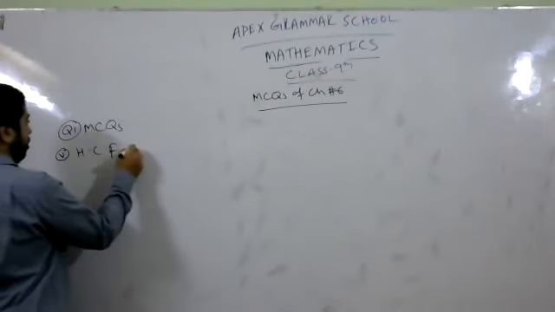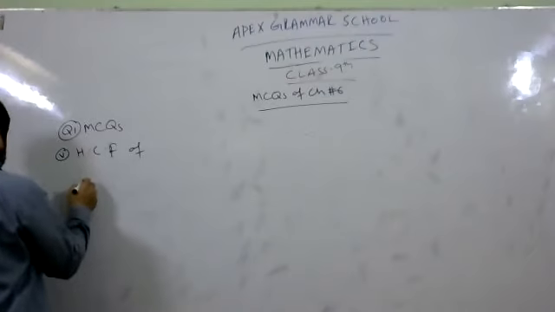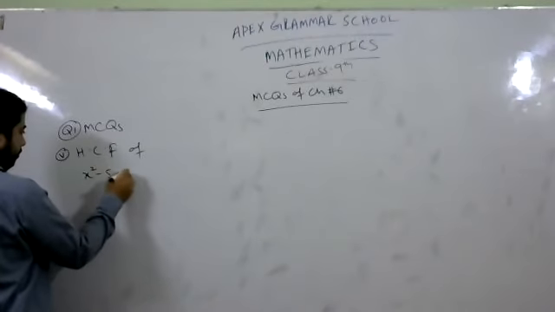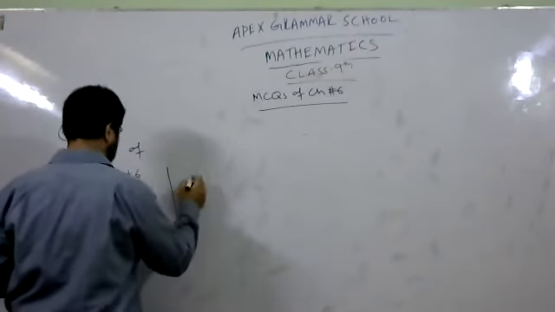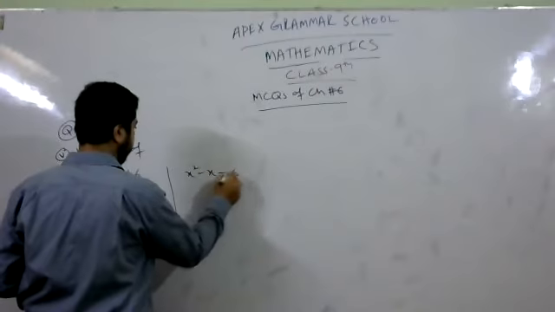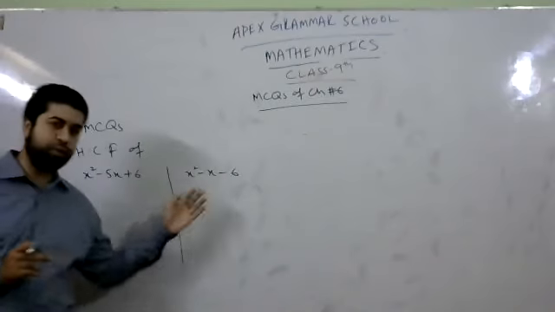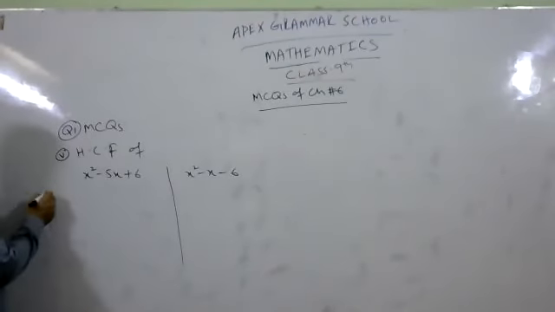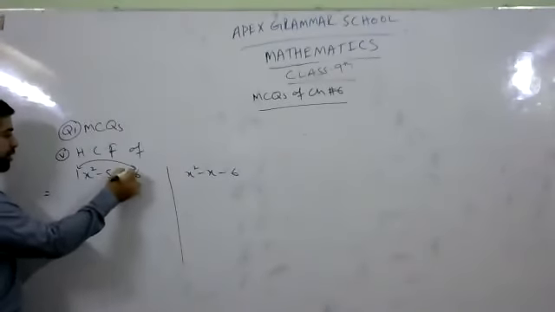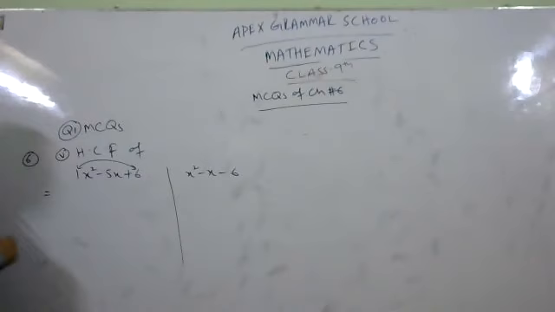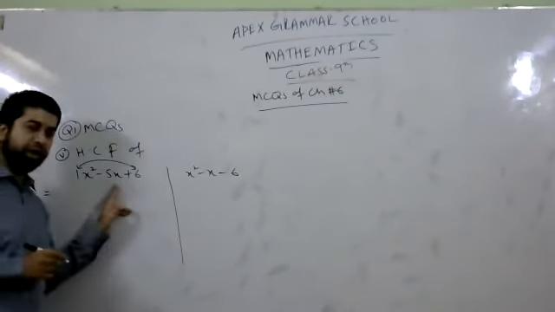HCF of both, we need to do middle term breaking of this and also for this. That is 1 multiplied by plus 6 makes 6. We need a pair whose product is plus 6 and whose sum is minus 5.